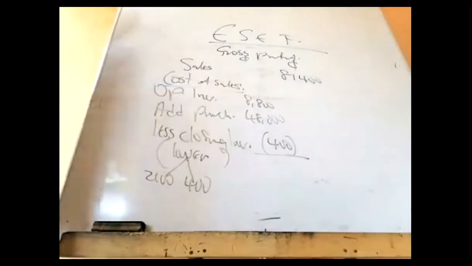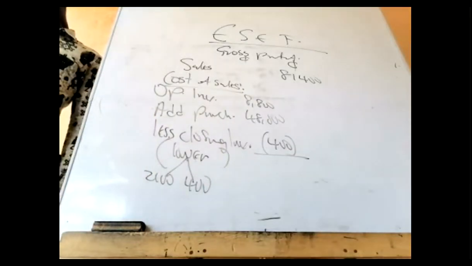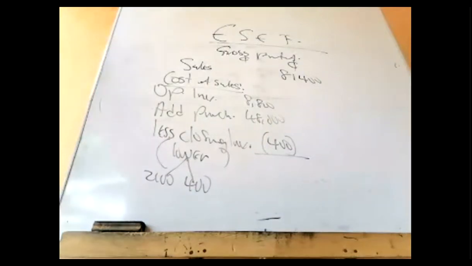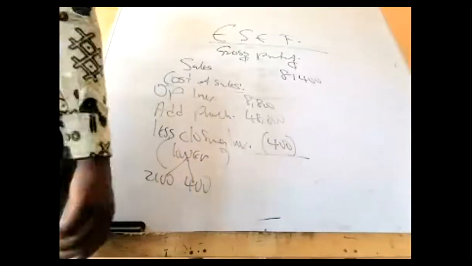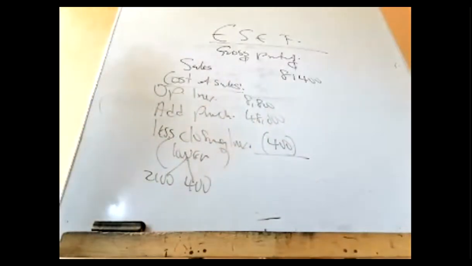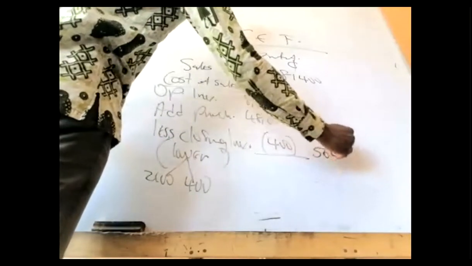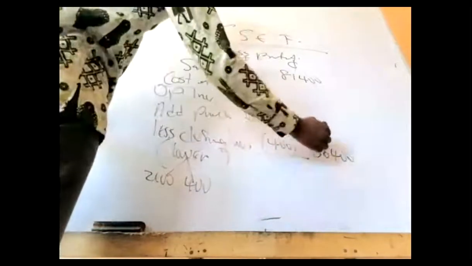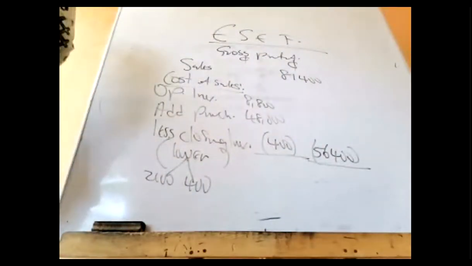The figure here will be my cost of sales. I take it off from the sales and I get the gross profit. So let's put them together. 8,800 plus 48,000, if I take 400 from it, I get 56,400. So the cost of sales is 56,400.